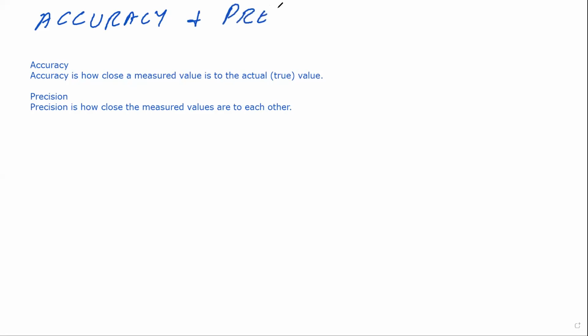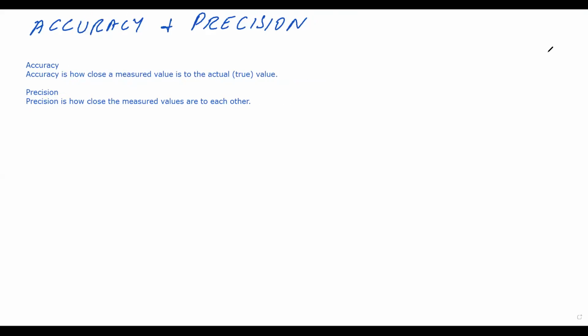Now, these are terms that we use in everyday life, but normally we don't really use them very correctly from the scientific point of view. But when you're using them in science, you have to know exactly what you mean. And that's why we are studying this.